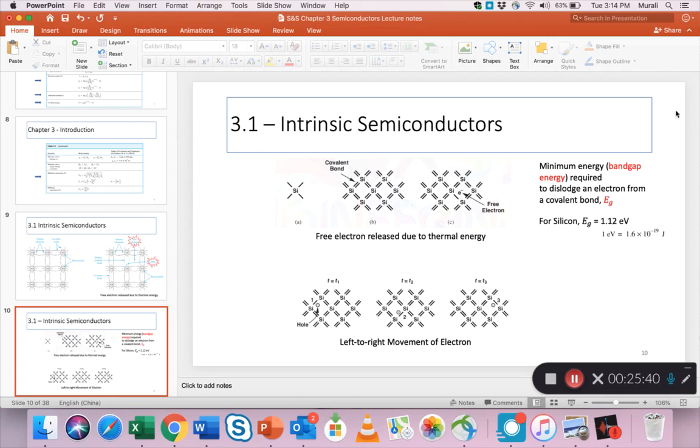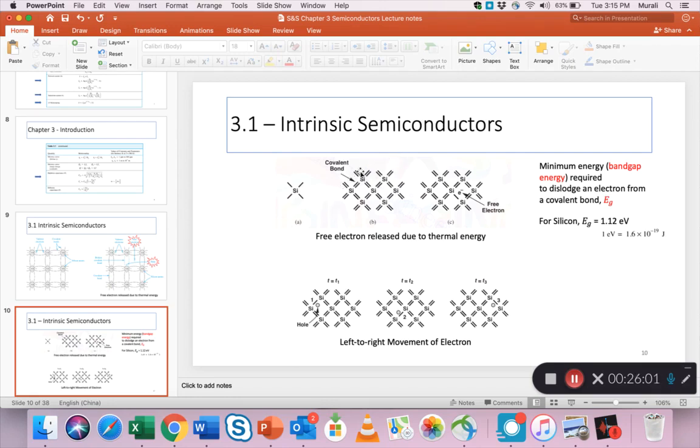So what am I showing here in this drawing? In the top portion, free electron release due to thermal energy, on the left you see one silicon atom, and the 4 electrons are shown in this way by this textbook compared to the previous way.